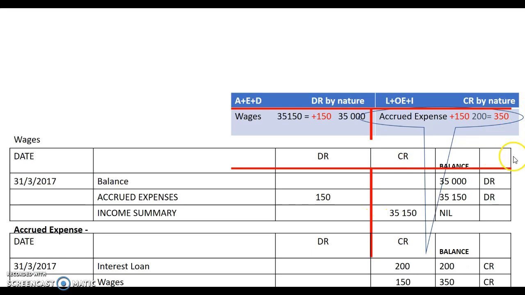If I were asked to do the story of what's gone on under the accrued expense account, there it would be. I had no outstanding balance there. Everything that's in that account is what I've put in there. I put in $200 and I put in $150, and that is now my outstanding amount, what I have to pay as my current liability, $350 at the end of the year, which has to get sorted out next year. So that's that adjustment going through.